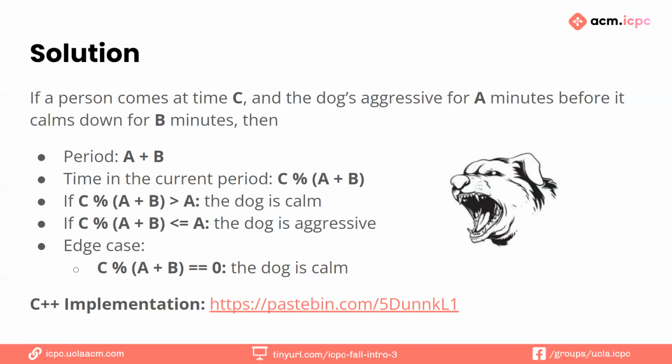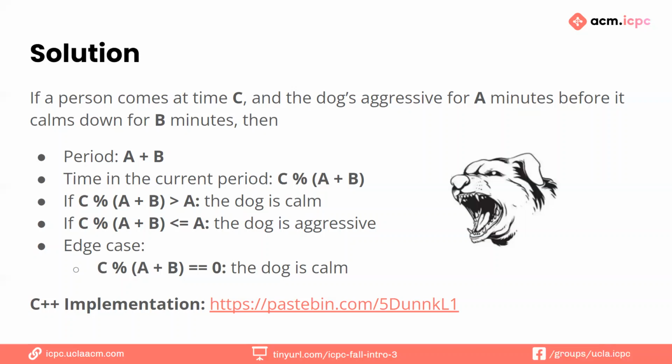Otherwise, the dog is aggressive. And for this particular problem, you need to worry about one edge case: if C mod (A plus B) equals 0, meaning that right now you're at the last minute of the cycle. In this case, the dog is always calm rather than aggressive.